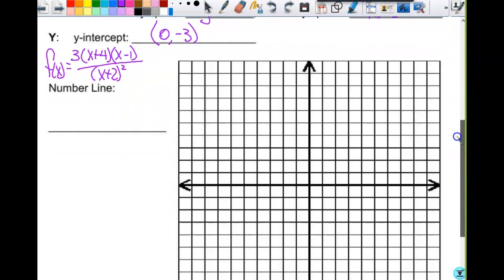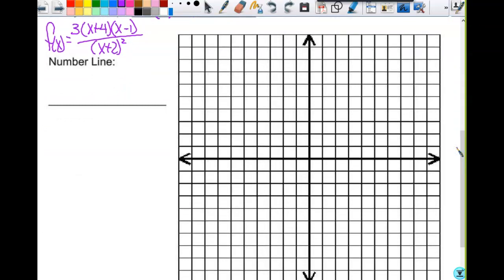Any questions at this point? Oh, good. All right, so we've got 3 things that go on my number line. Got a negative 4, a negative 2, and a 1. The negative 2 is open.